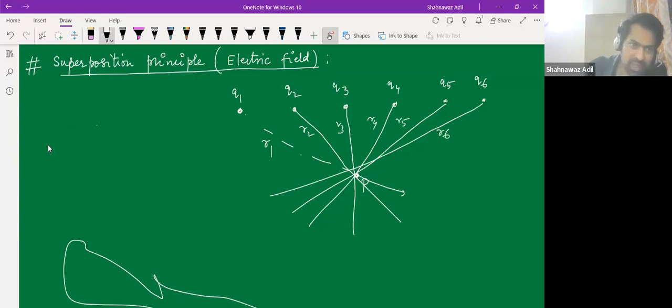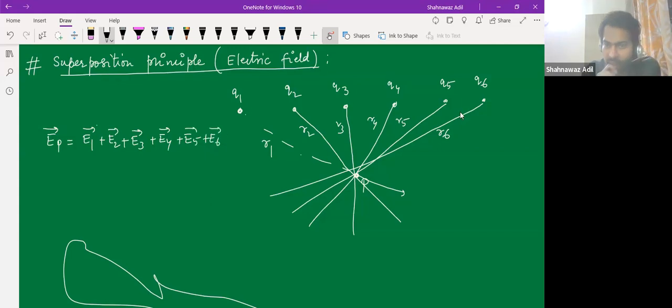So the electric field at point P would be E1 plus E2 plus E3 plus E4 plus E5 plus E6.